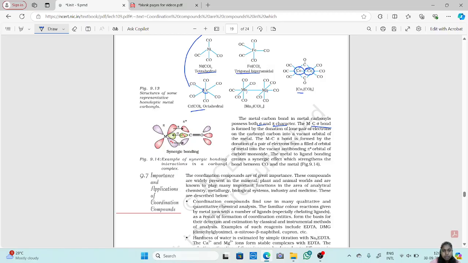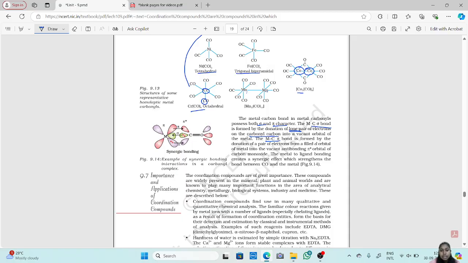So this is a metal-carbon sigma bond. The lone pair present on the carbonyl carbon is donated into the vacant orbitals of the metal atom. That is how the sigma bond is formed.